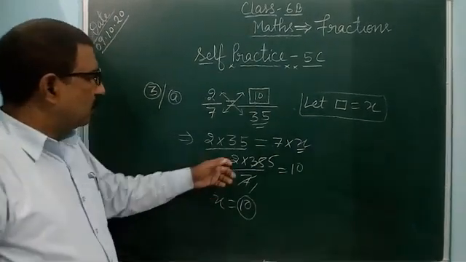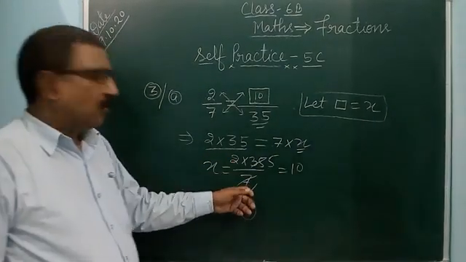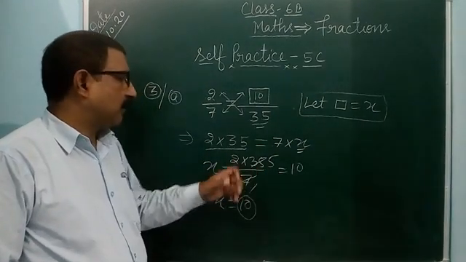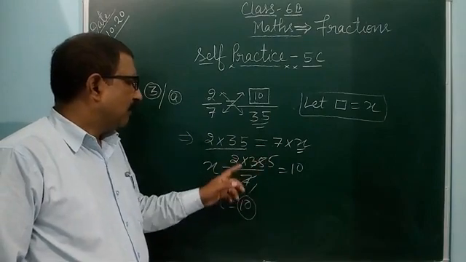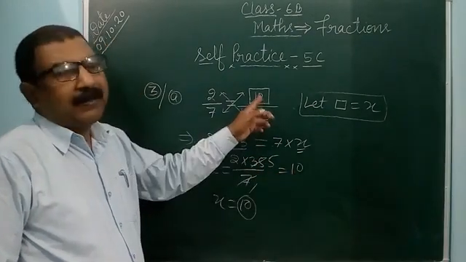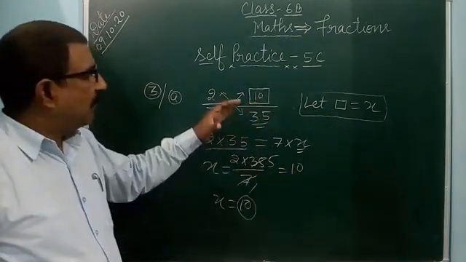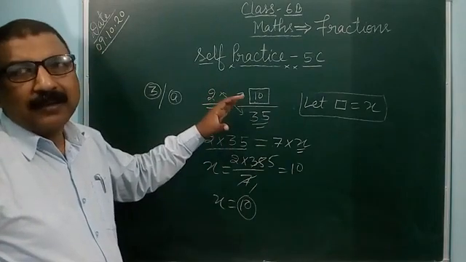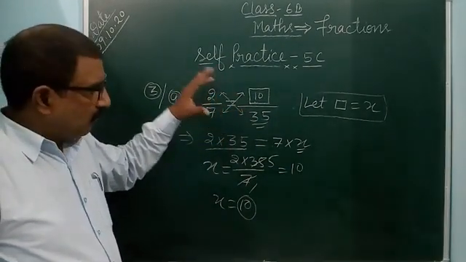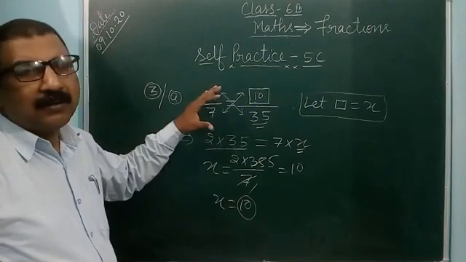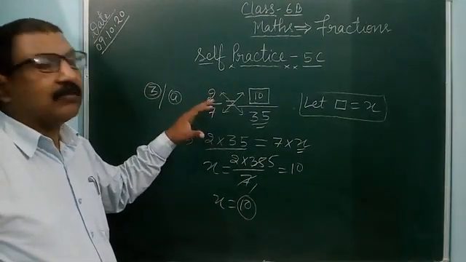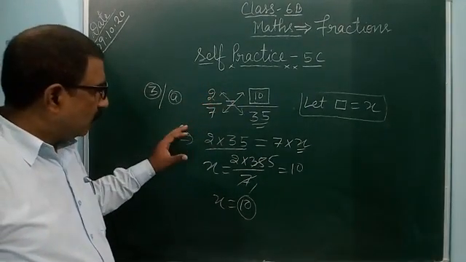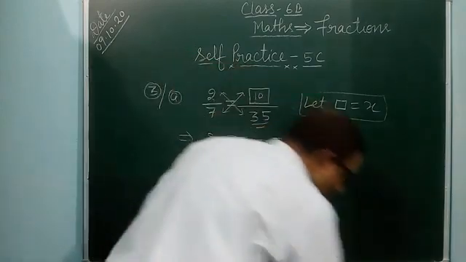So x is equal to 2 into 35 by 7. So 7 ones are 7, 7 fives are 35, 5 twos are 10. So in the place of x you can write 10. In this way also you can solve. It is the indirect way. So with the help of considering the unknown number you can find out the number. So like that also you can do.